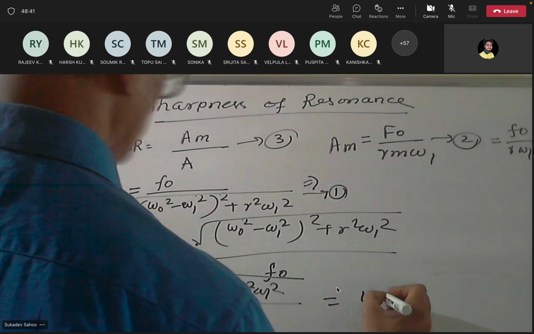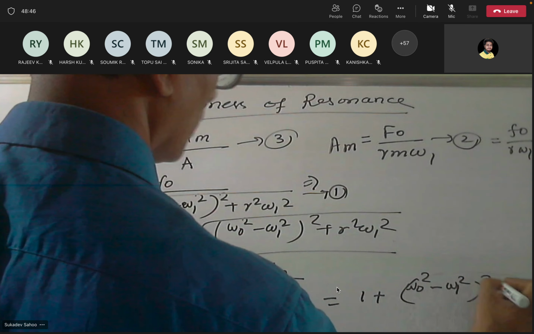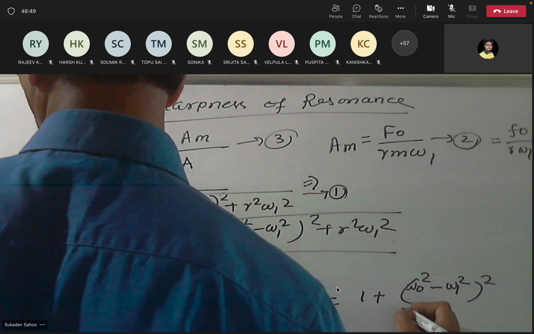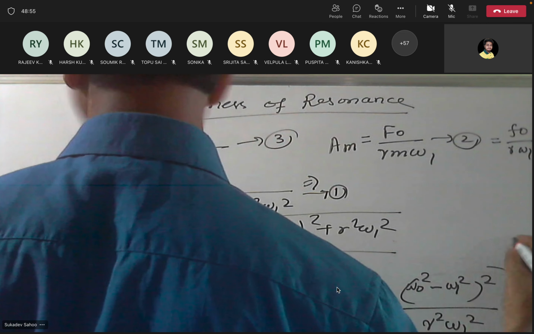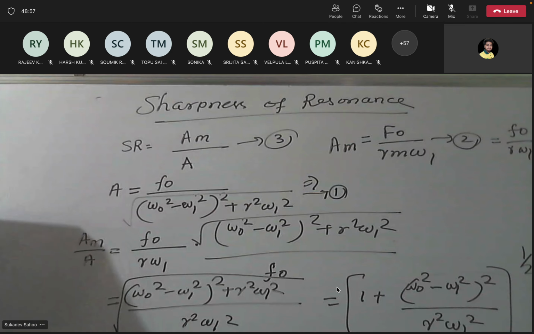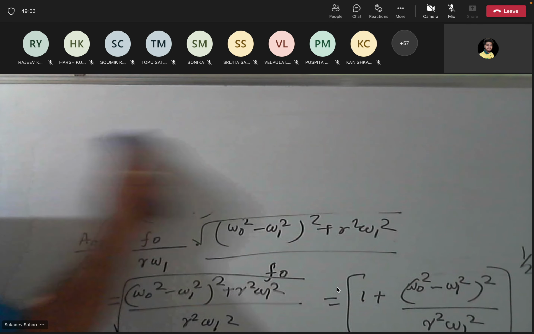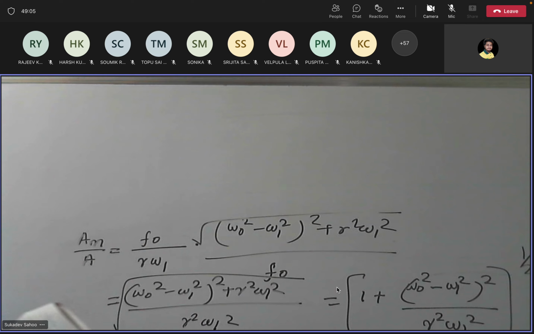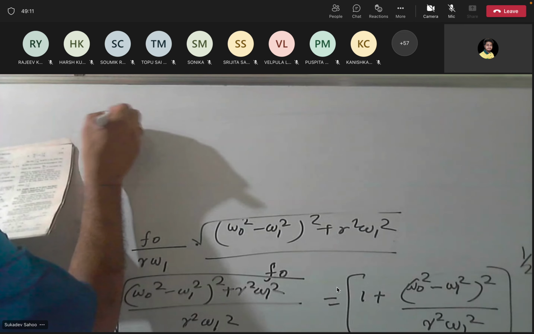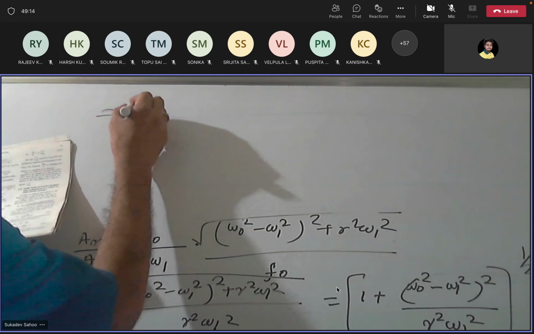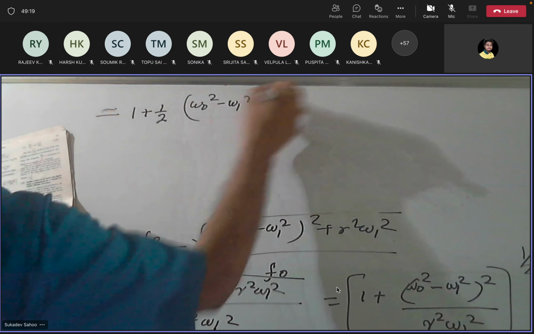This will be... we can write this as 1 plus a half omega 0 square, omega 1 square, approximately.